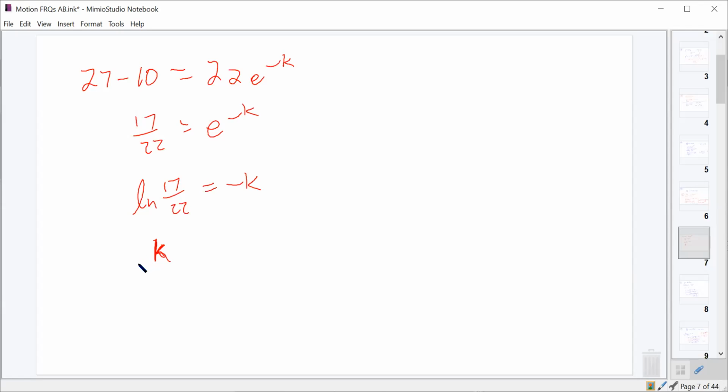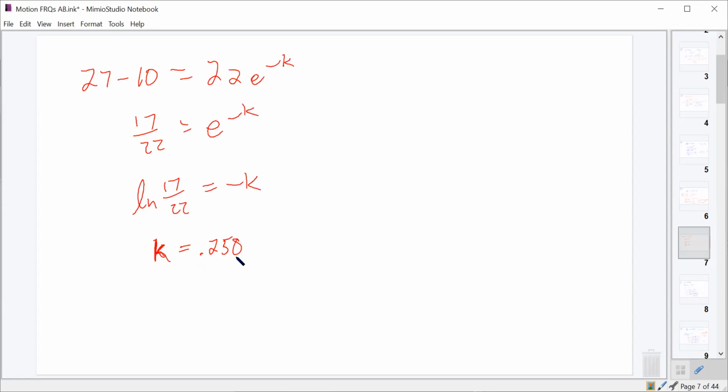Anybody have the natural log of 17 over 22? Then the opposite of that? I got 0.257829. We'll round to 0.258 since that's what we normally round to.